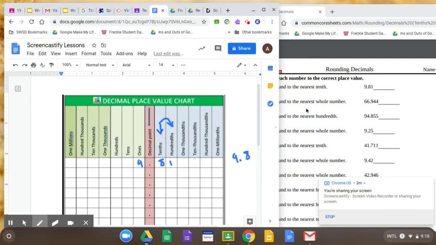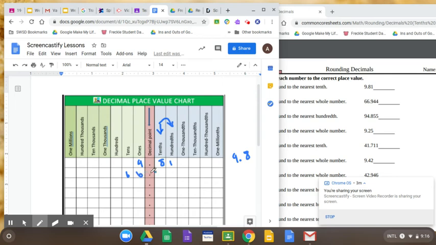When it says round to the nearest whole number, that means you're getting rid of the decimal. So if I add this number, 66 and 944 thousandths, I'm going to put it in the chart. The nearest whole number is the same thing as rounding to the nearest ones.